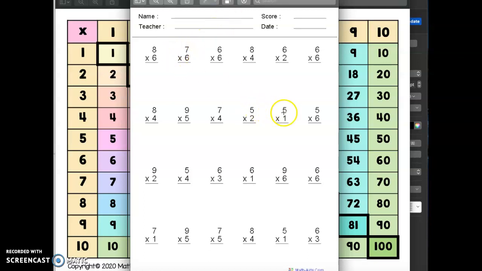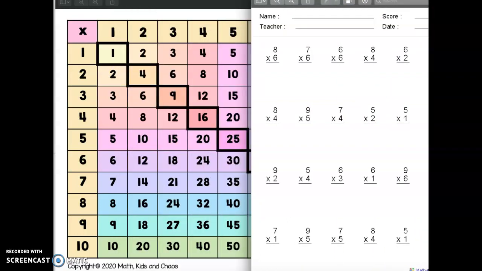So they would do 5 times 1, and then they would do the chocolate bar with just 1 row of 5, and then 6 times 2, so they would do 6 of the little squares of chocolate going across and then down 2, and that would equal 12. So just basically something like that to help them.